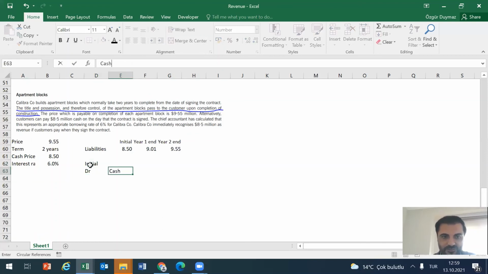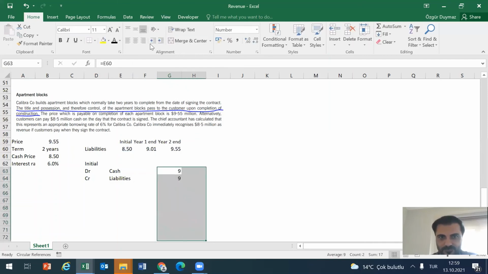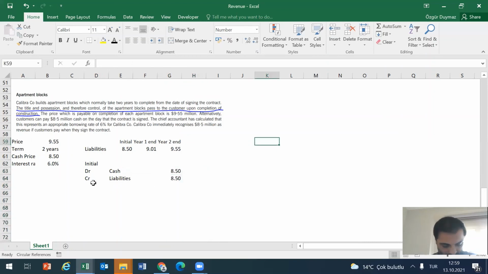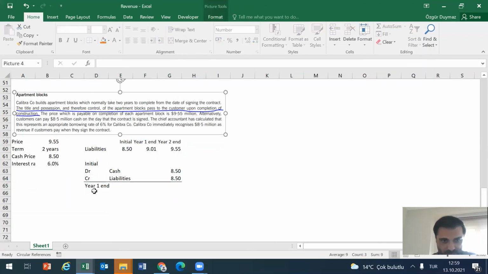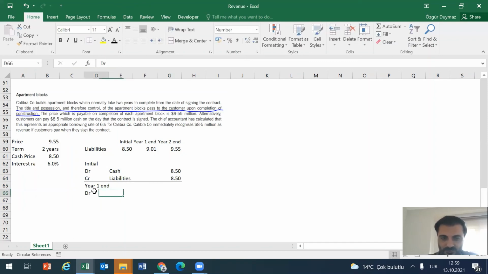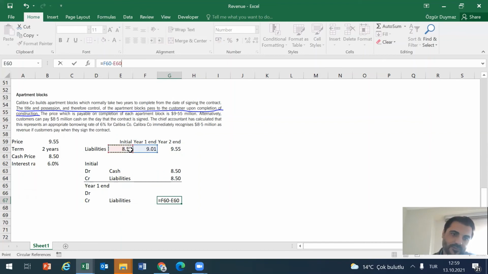Debit, cash collected. As you know, credit should be liability. Okay, year one ends. Debit, credit liabilities. The difference between initial and year one ends. This is the liability now.